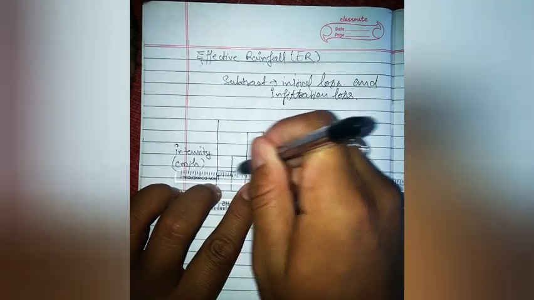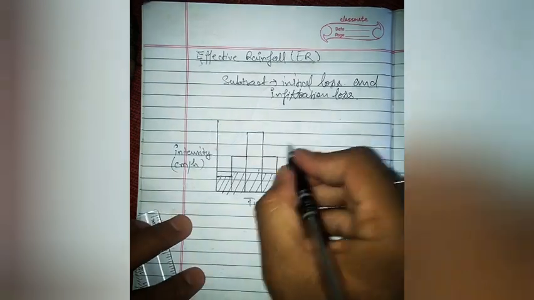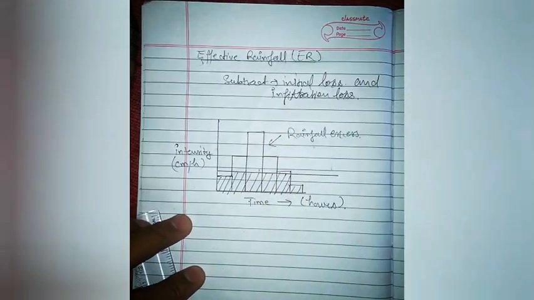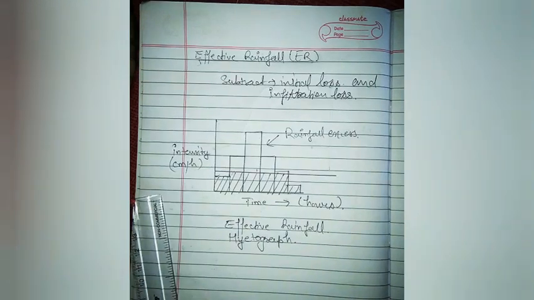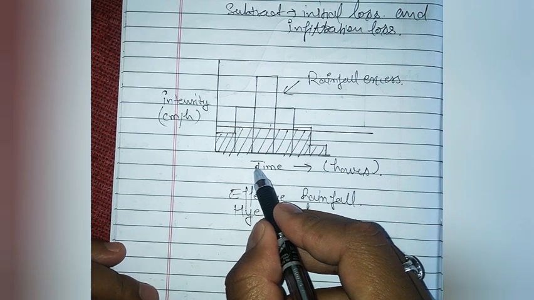Okay, so it is very much important to study your effective rainfall hyetograph. So let us explain it. Here is the hyetograph for a given storm that I have drawn.